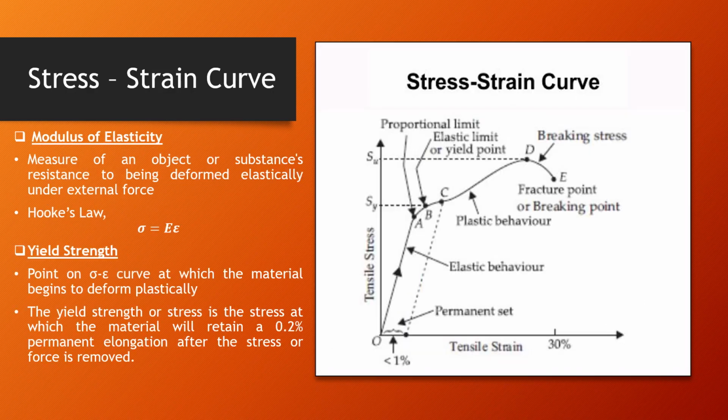So what is the modulus of elasticity? This is basically the measure of an object's or substance's resistance to being deformed elastically under external force. This region is the elastic region of the stress and strain curve. You can see from O to A on the curve, the stress and strain change linearly.